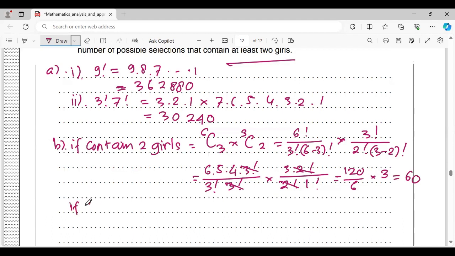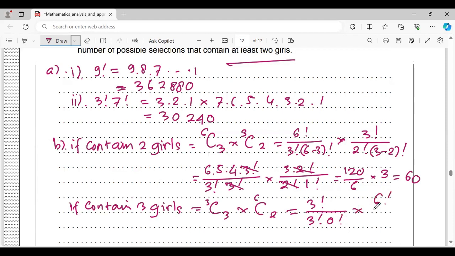And if it contains 3 girls, it will be combination 3 times combination 2 of 6, which becomes 3 factorial over 3 factorial, 0 factorial, because 3 minus 3, and 6, 5, 4 factorial over 2 factorial, 4 factorial, because 6 minus 2.